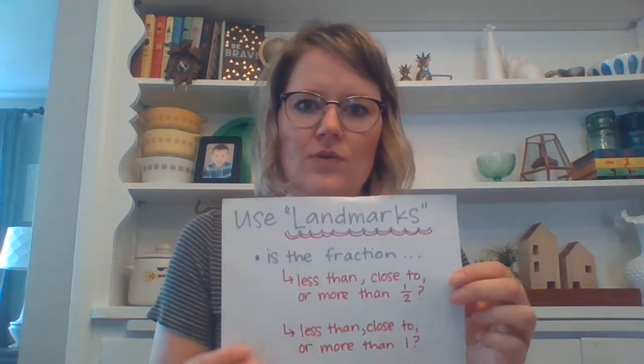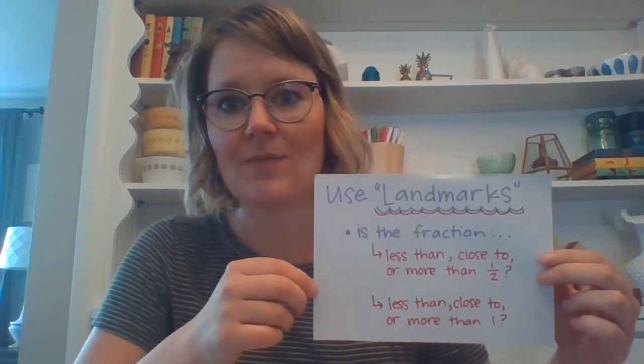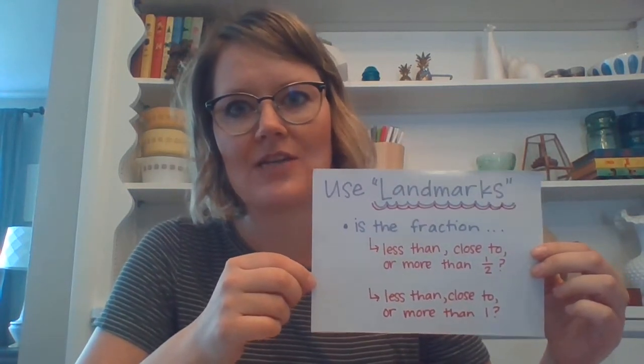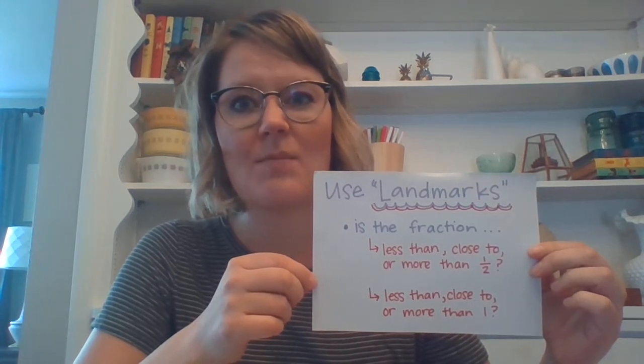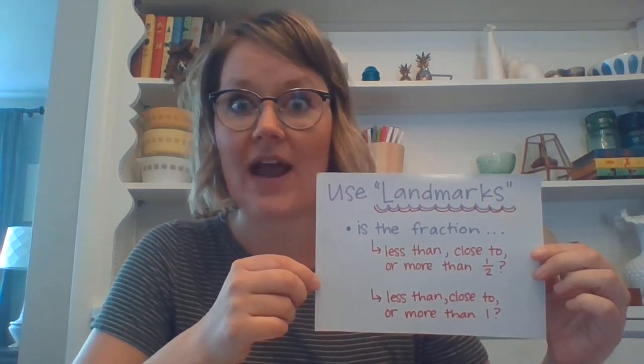One of the good ways to estimate is to use something called landmarks. And if you're a parent watching, landmarks is something that we use to compare lots of different numbers. In fractions, the landmarks that we talk a lot about are 0, 1/2, and 1. They're numbers that we can easily compare any fraction to.